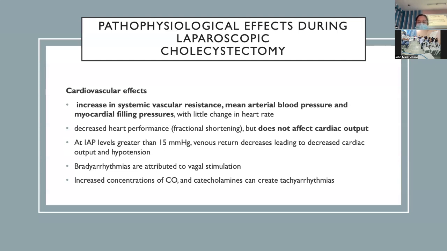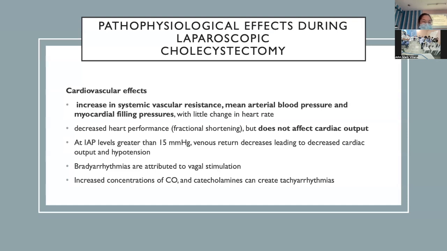Hemodynamic changes include alteration in the arterial blood pressure, arrhythmias, and also cardiac arrest. These cardiovascular changes depend on the interaction of several factors, including the patient's position, the neurohumoral response, and the cardiorespiratory status of the patient.